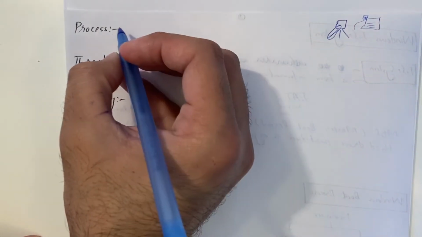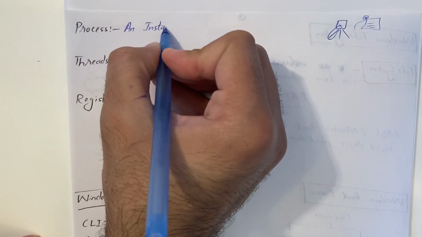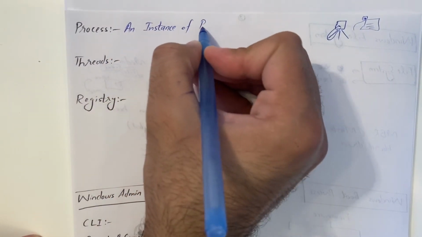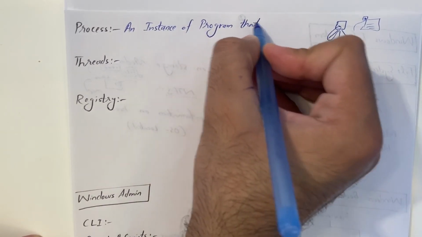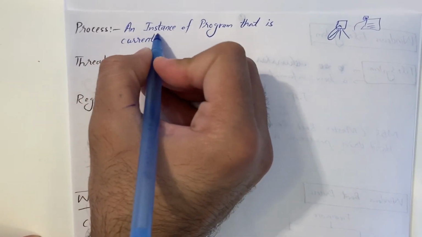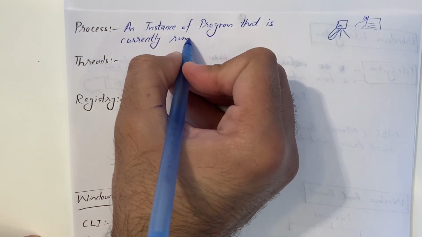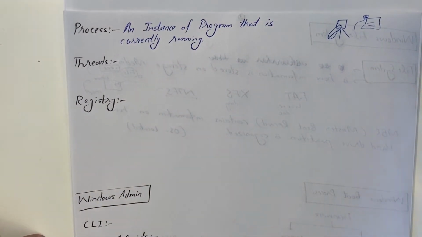So process is basically an instance of a program that is currently running. Okay, so a program can have many processes.